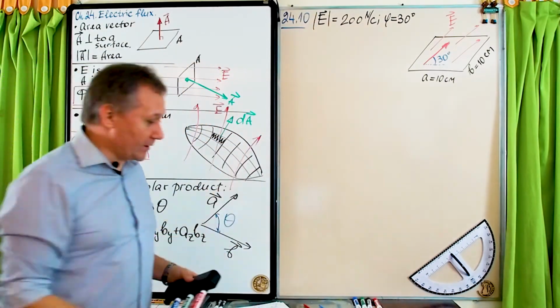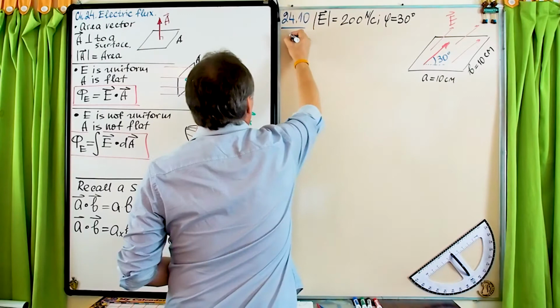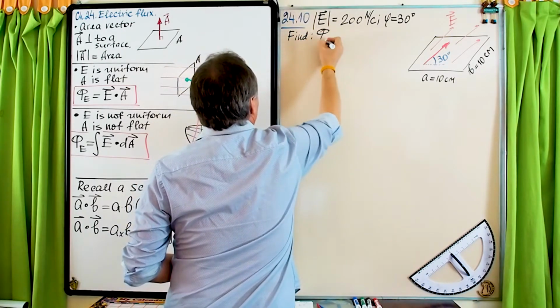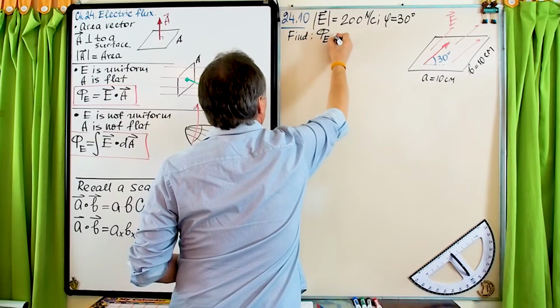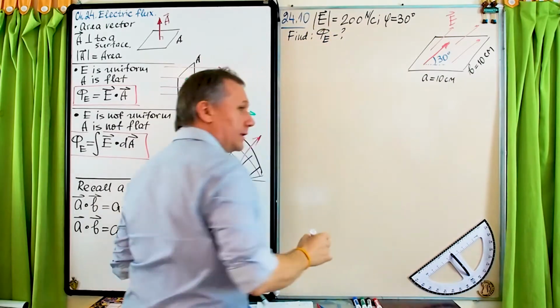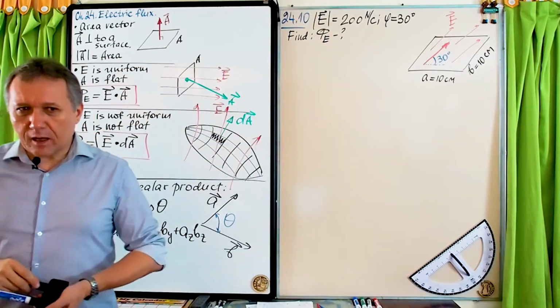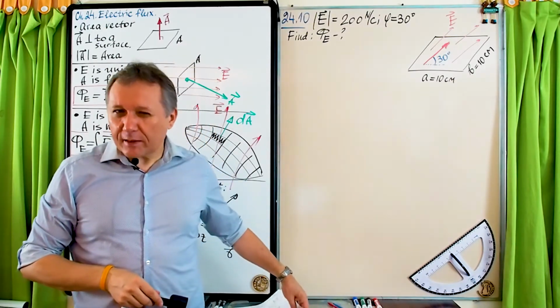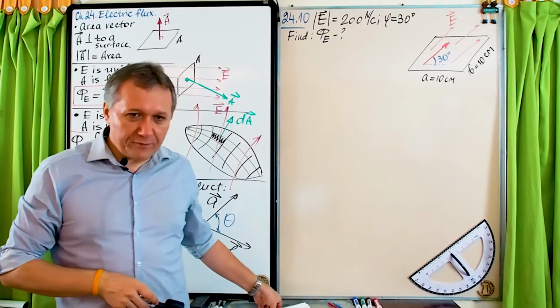So we need to find the electric flux. What we need to find, again, is the number of electric field lines crossing this surface, the electric flux. In a couple of months, or maybe less already, we will introduce magnetic flux, and it will be very, very similar.